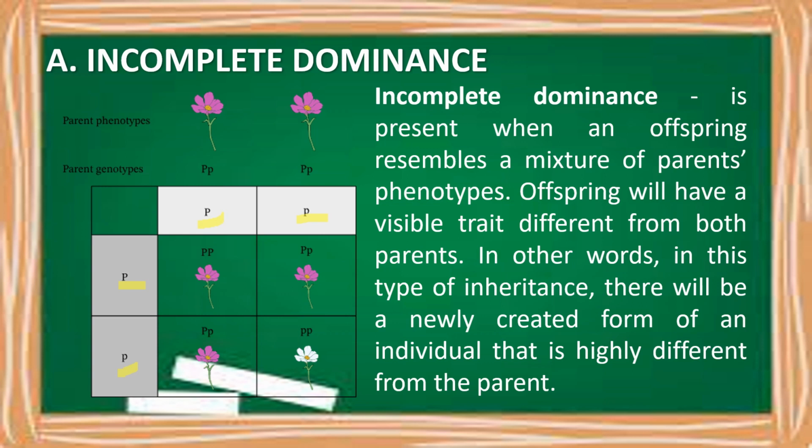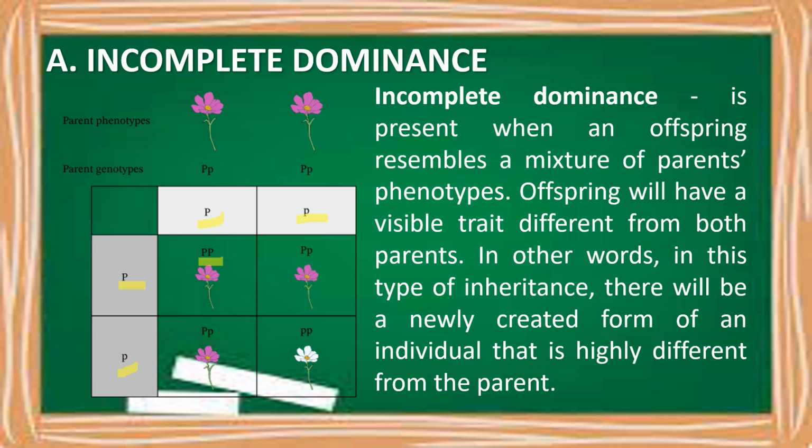P and P. So you will have two big P's will have a purple flower, then crossbreed again, you write.